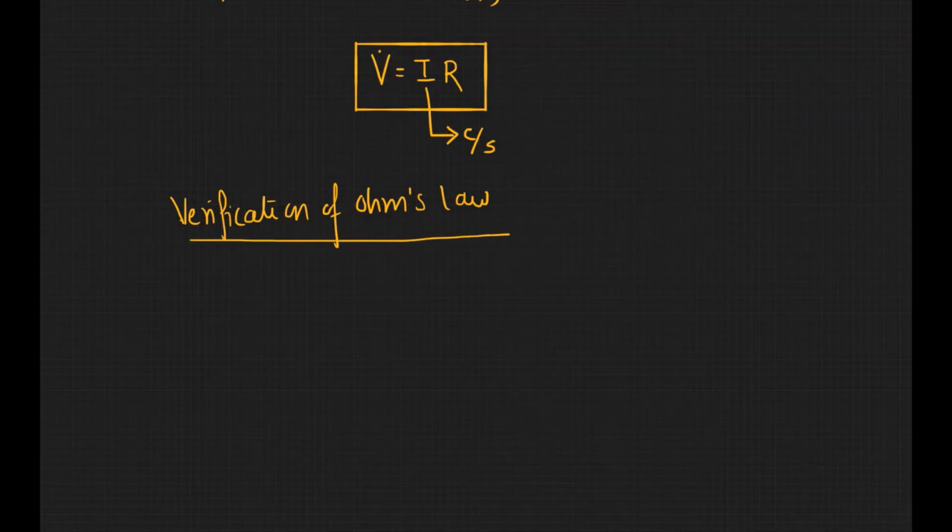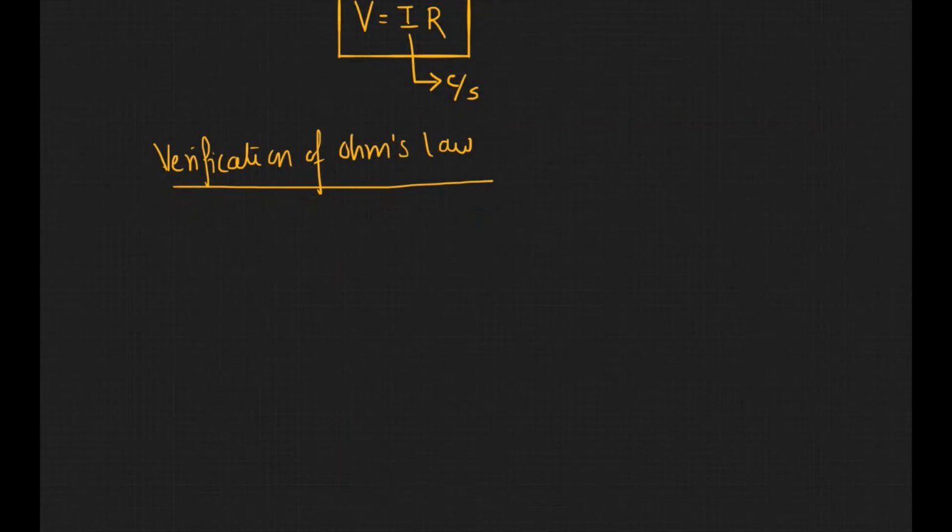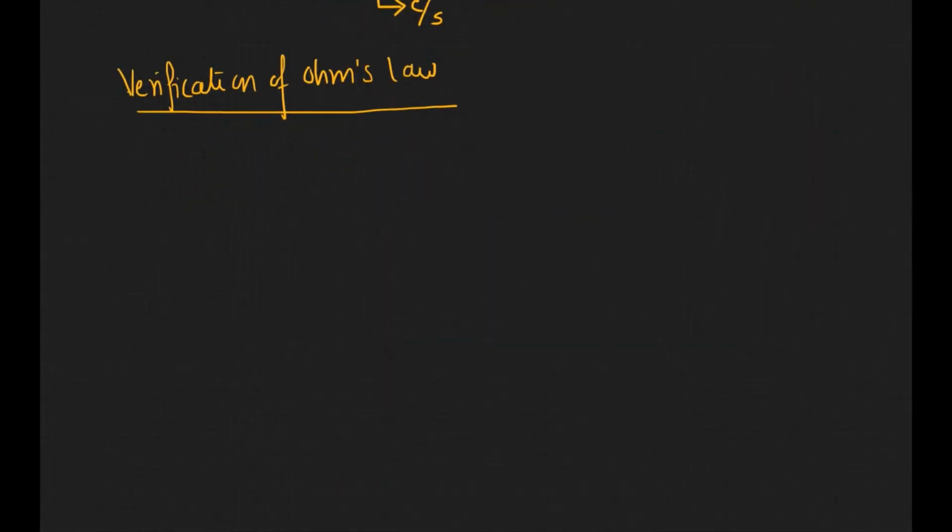There is a video which has been recorded on this experiment, but in this video let me run you through what we do in this experiment. You take a resistor and pass various values of current through it. To measure this current through the resistor, you put up an instrument called an ammeter.